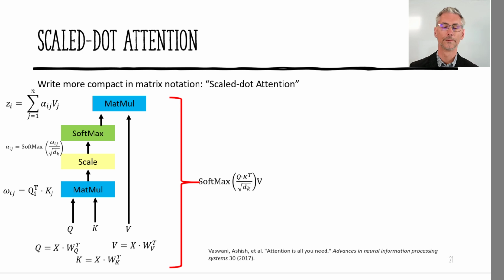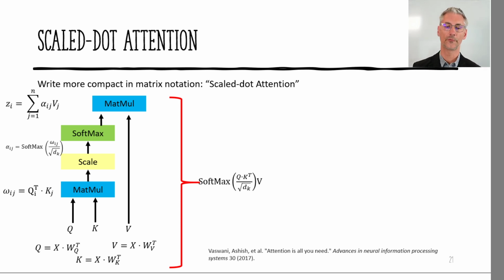Now, let's summarize this again. The key idea behind the scaled dot attention, this is what's underlying all of the transformer architecture, is that we use the attention between the sequences X. But instead of using these directly, as we have done with the simple self-attention, we modify it 3 times.